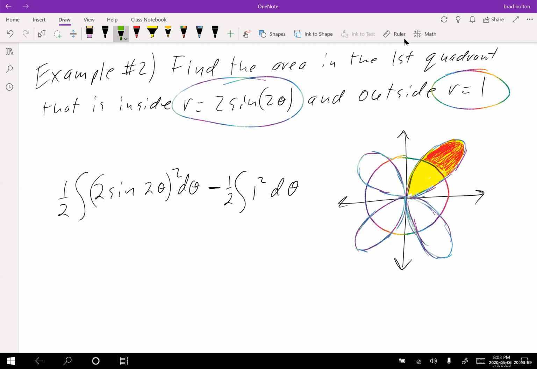But the problem is we have to worry about the circle and the rose petal intersecting, right? And we have to worry about these angular boundaries. So what we're gonna do is find out where the rose and the circle intersect, and that is gonna help us determine these intersection points right here and right here.